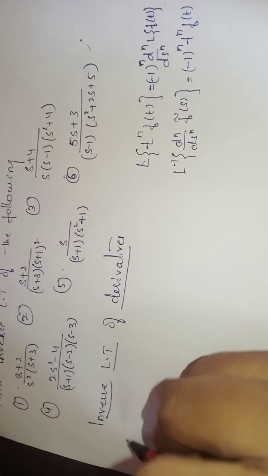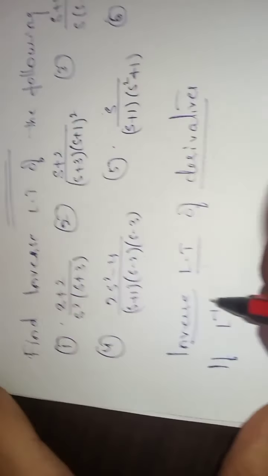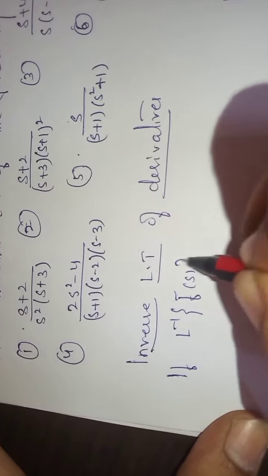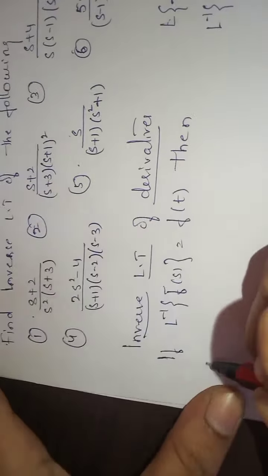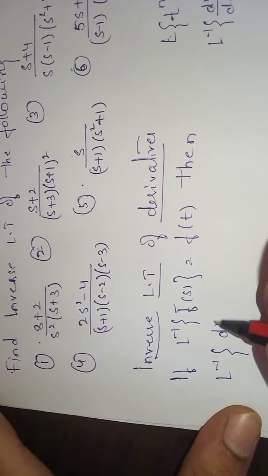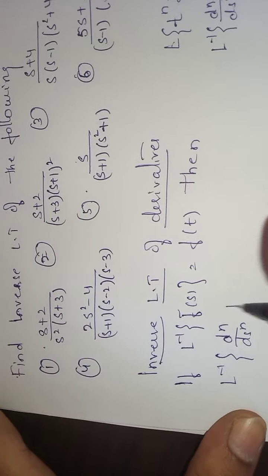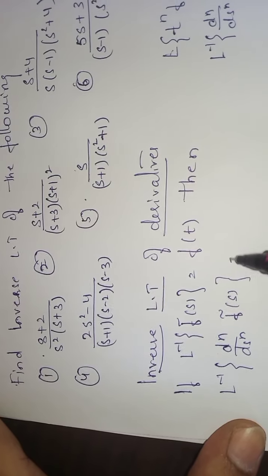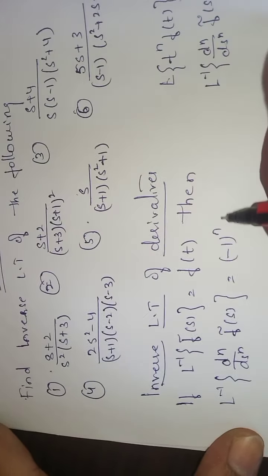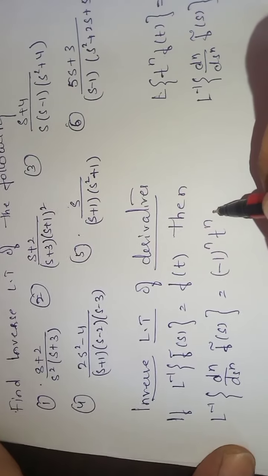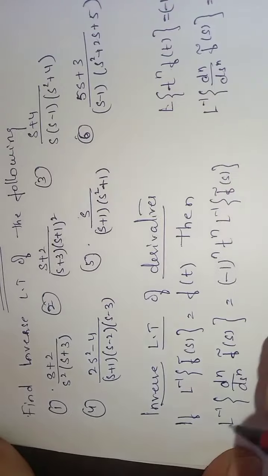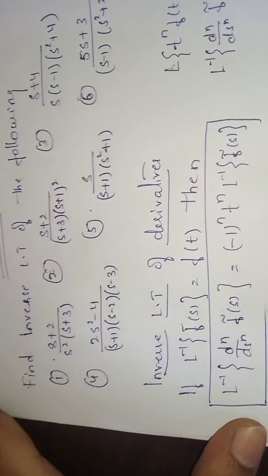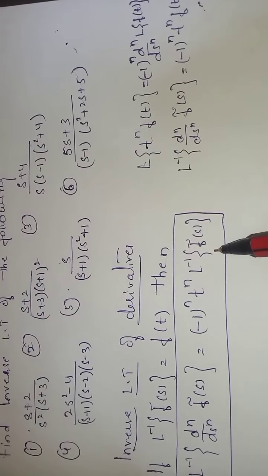So if Laplace inverse of f bar of s is f of t, then Laplace inverse of the nth derivative with respect to s of f bar of s is equal to minus 1 to the power n t to the power n into Laplace inverse of f bar of s.